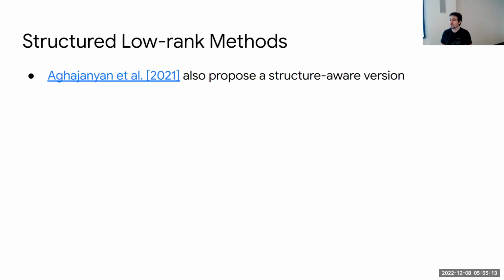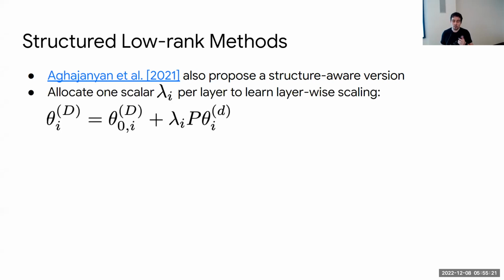I've already mentioned that structure is something that is quite applicable to many different settings. So they also proposed a structured variant, which is quite simple. In addition to having this projection matrix, they define another scalar parameter per layer that is learned in addition.